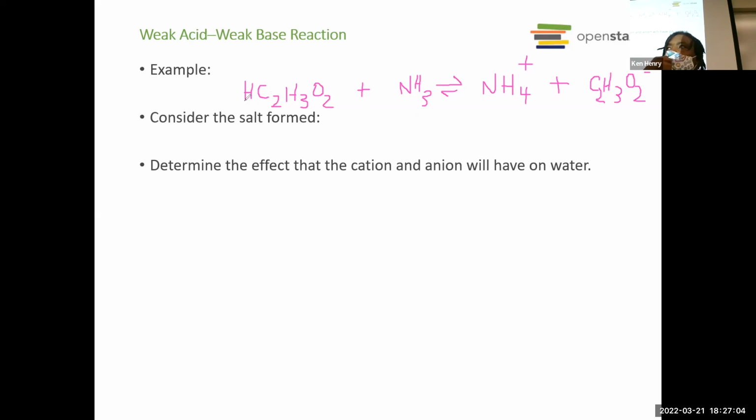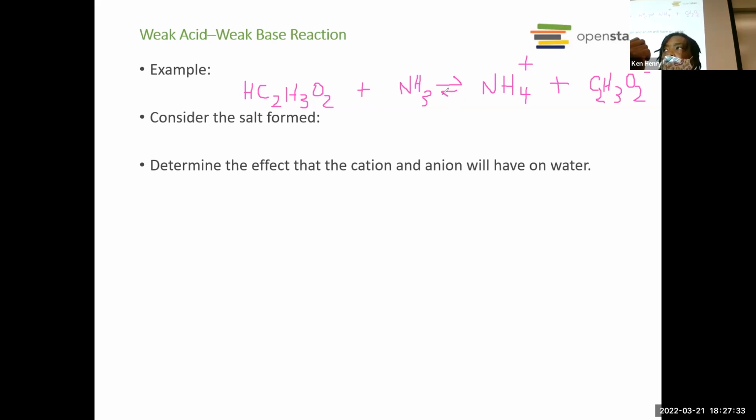So which one is going to be more apt to happen? Are we going to be able to get rid of the H here, and if we are able to get rid of more of the H, then we're going to have an acidic situation, right? Because then you have more of the H plus in solution than that negative. Or are we going to have more of that base, right? So if we have more of that base still available, then yeah.